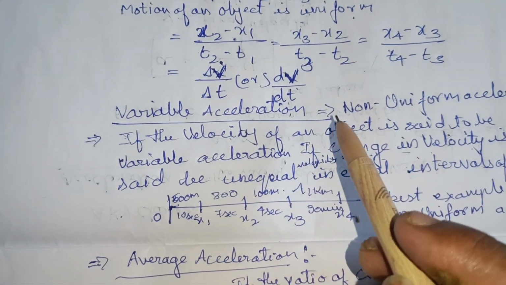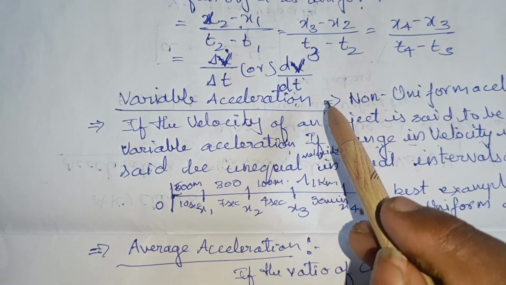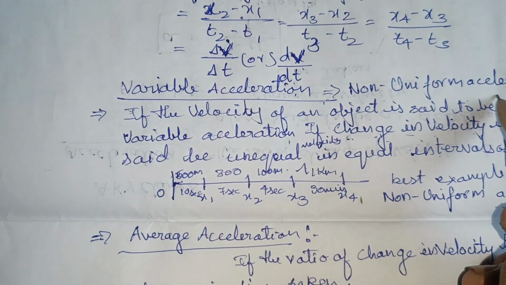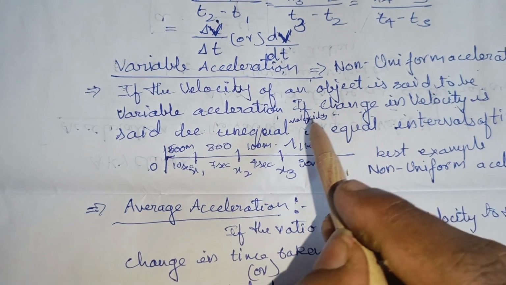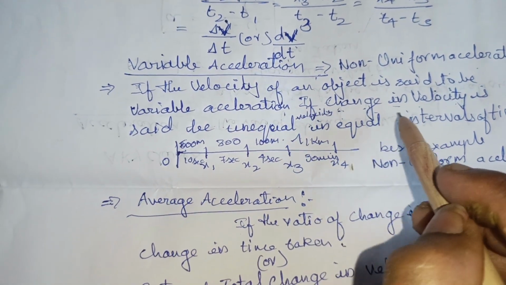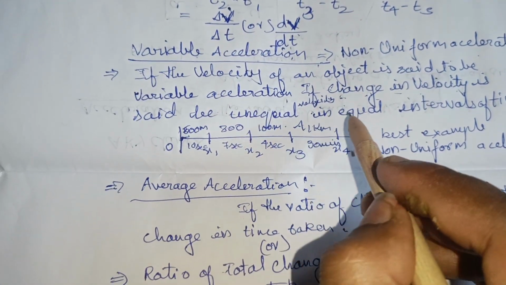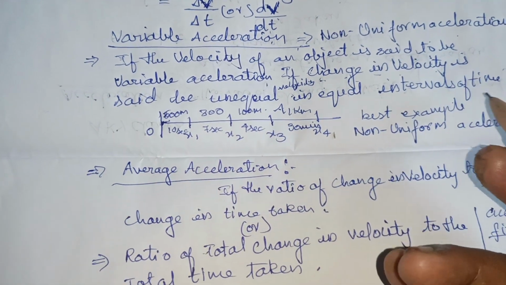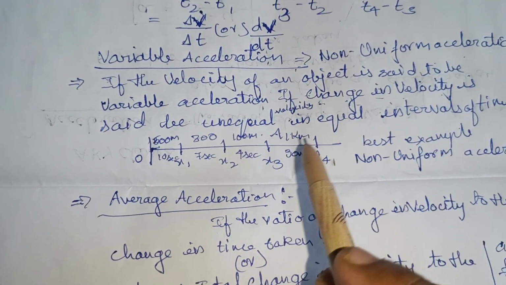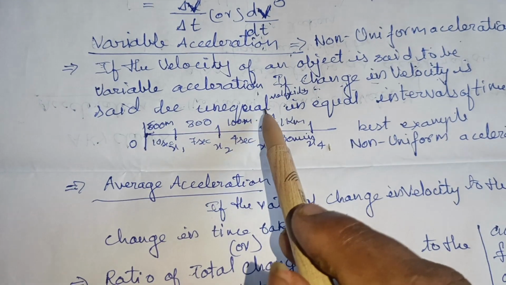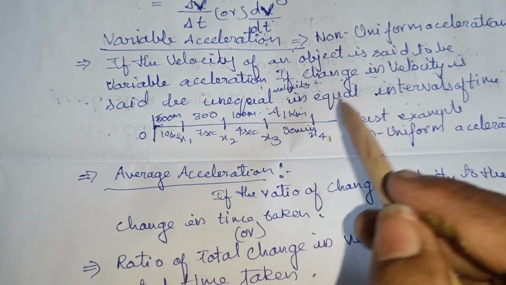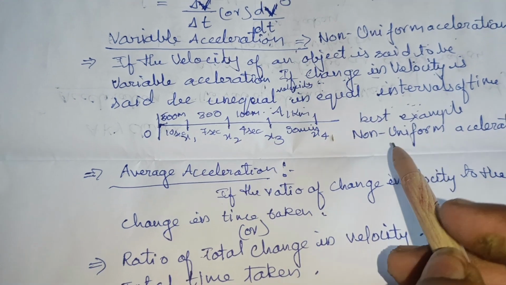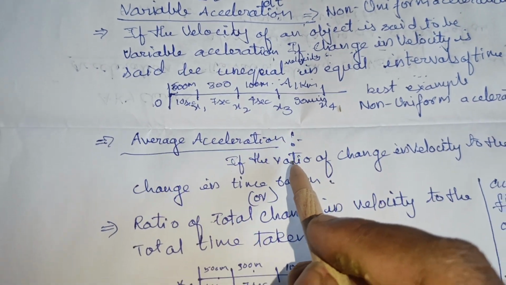Next we have discussed variable acceleration, otherwise called non-uniform acceleration. If the change in velocity is unequal in equal intervals of time, or in other words, equal change in velocity in unequal intervals of time, it is variable. In either sense you can write, and this is the equation you can represent there.